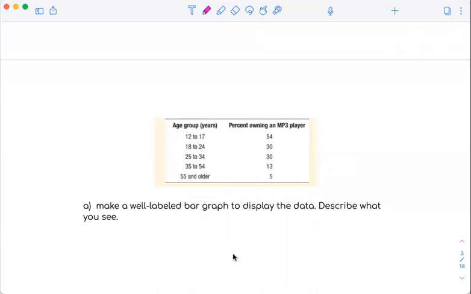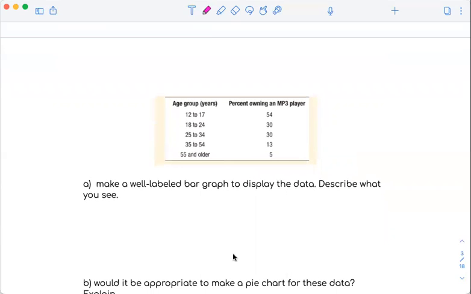So we're going to make a well-labeled bar graph to display the data. The percent is going to go on the y-axis, percent who owns an MP3 player. And then the x-axis is going to be the age groups.